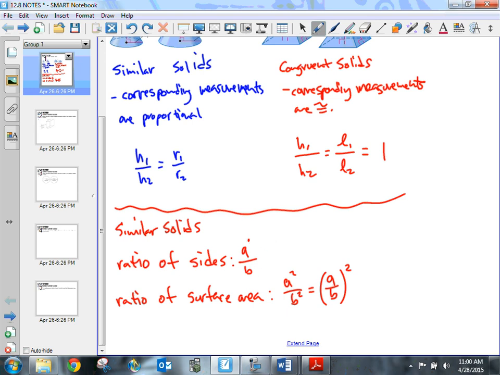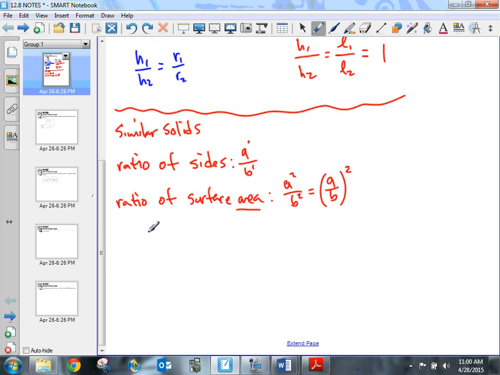Remember that the ratio of side lengths is a single measurement, so we raise it to the first power. If we're talking about area, that's a square unit. So if we have similar solids, we can find the surface area ratio by taking the ratio of sides and squaring it. If we take the ratio of volume, which is a cubic measurement, that would be A cubed over B cubed, which is equivalent to the quantity A over B, cubed.